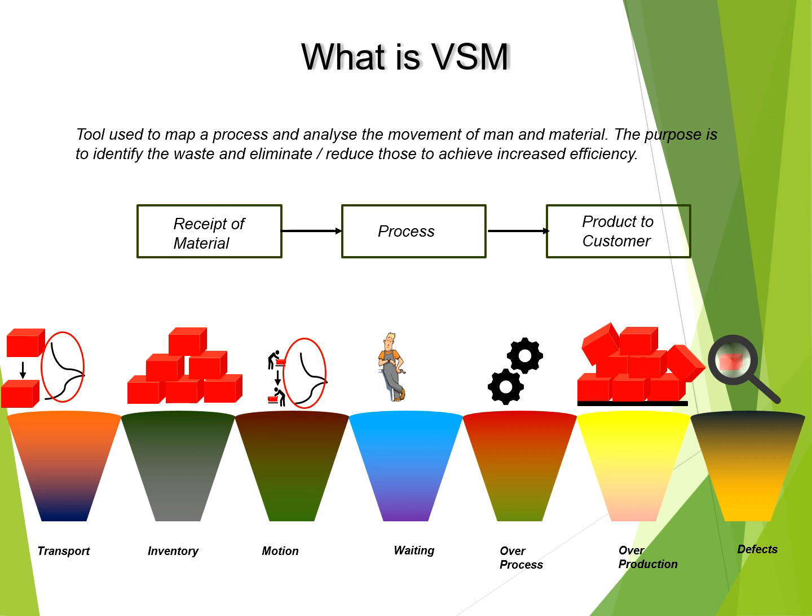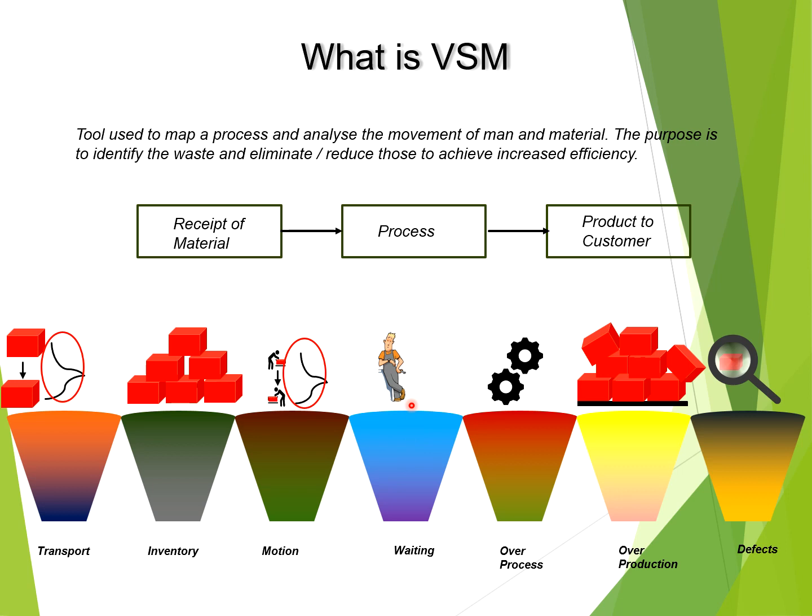Just a brief here. The movement of a material on the shop floor comes under this category, transportation. Then the material in the form of raw material, work in process, or finished goods, which remains not supplied to the customer, comes under the category of inventory. Movement made by the operator is also a waste, and this is known as motion waste.